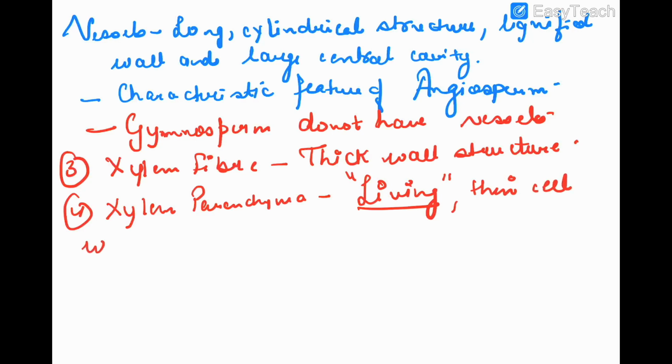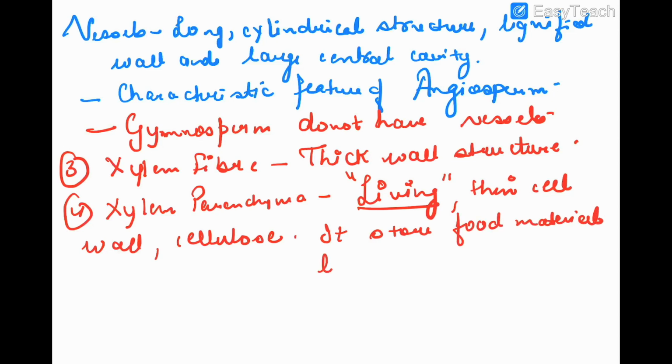It does not have a thick cell wall, and it is not lignified. Instead, it is made up of cellulose, and it stores food material like tannins in plants. Primary xylem is of two types.